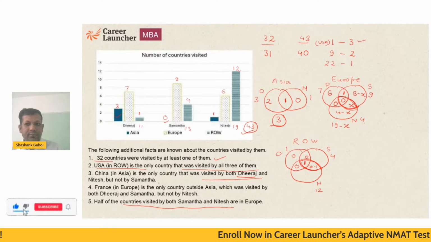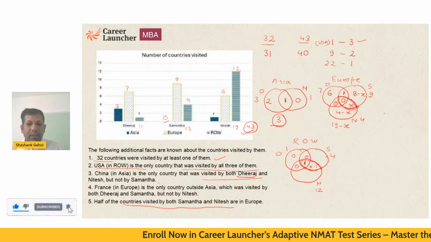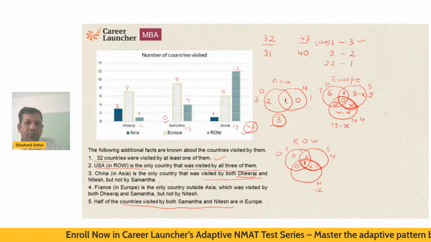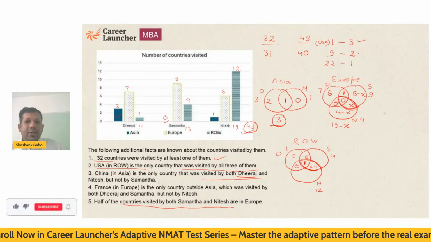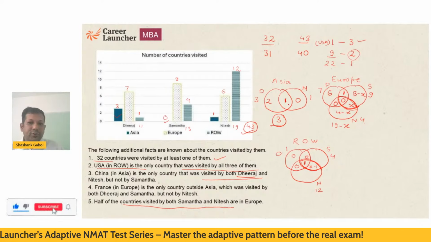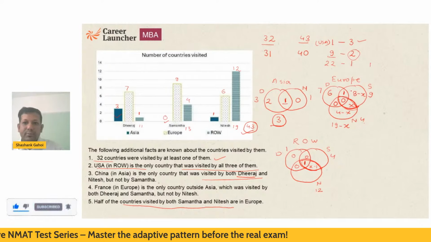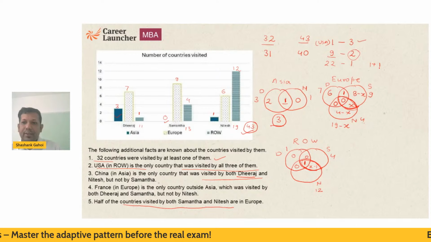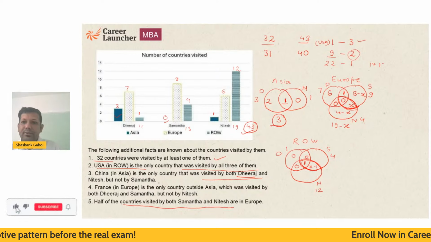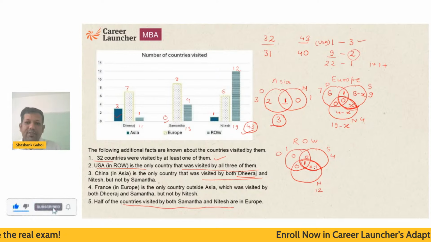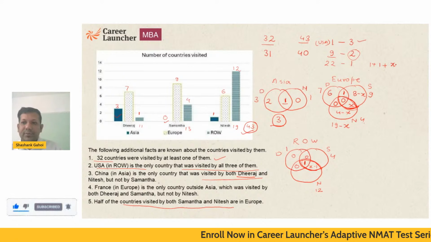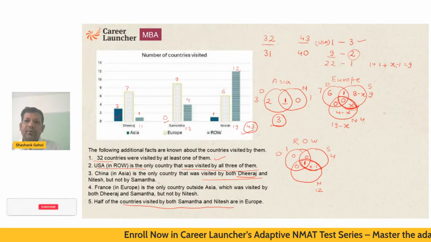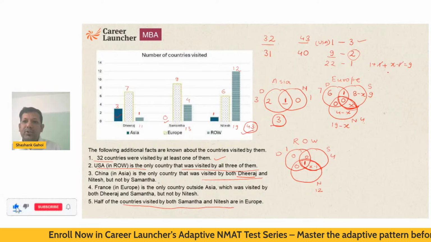Now I know exactly 2 values is 9. So that is 1 plus 1 plus x minus 1, and that is equal to 9. So 1 cancels out, so x becomes 8.